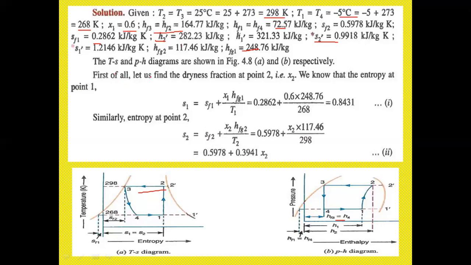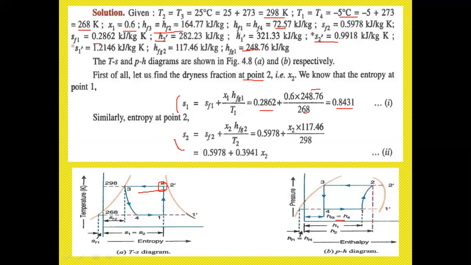Now, first of all, let us find the dryness fraction at point 2. So at point 2, we have to find the dryness fraction x2. Therefore, the entropy S1 is equal to SF1 plus X1 HFG1 by T1, that is equal to SF1 plus 0.6 into HFG1 divided by 268, that is equal to 0.8431.